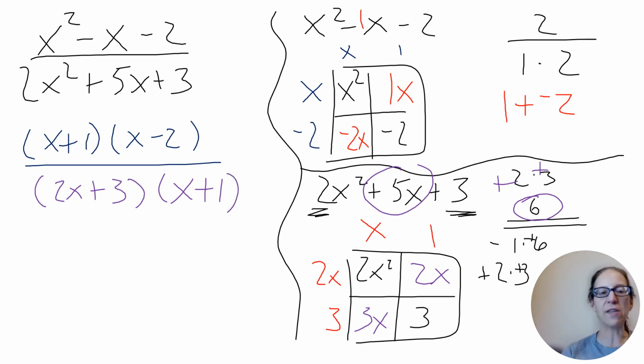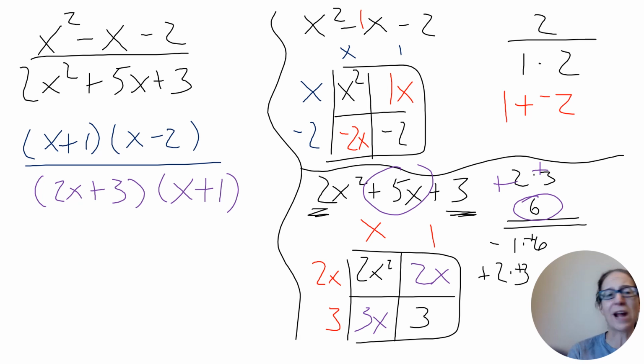And now you can see that we have common factors. So you might say, well, wait a minute, Ms. Taylor, though they're not lined up. Do the x plus 1s have to be lined up? No, because multiplication is commutative. So I wrote 2x plus 3, x plus 1, but I could have written x plus 1 and then 2x plus 3, like I did up here. I did the x plus 1 first, and then I did the x minus 2 second.